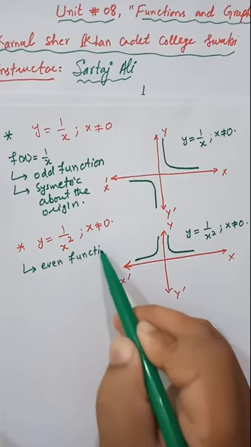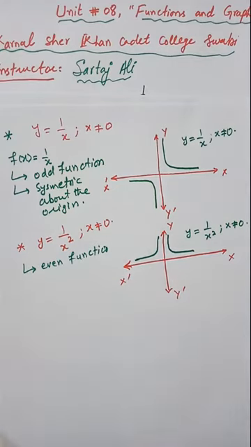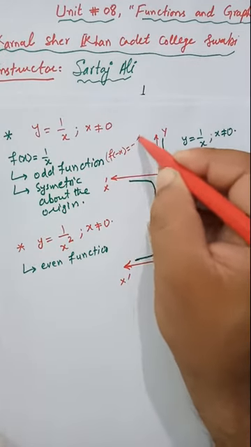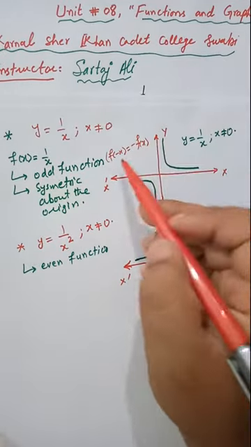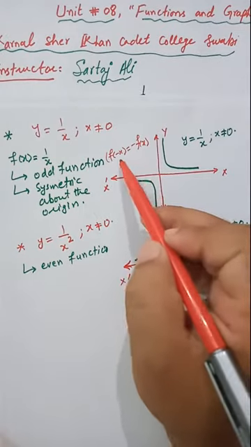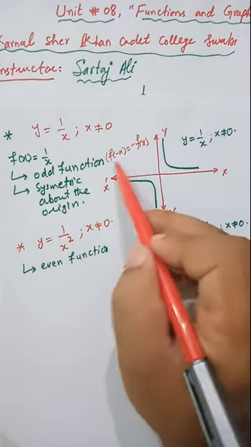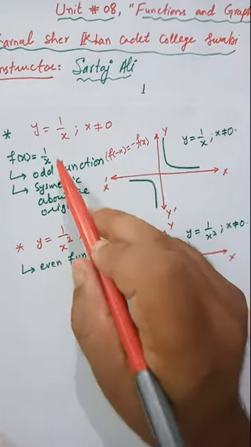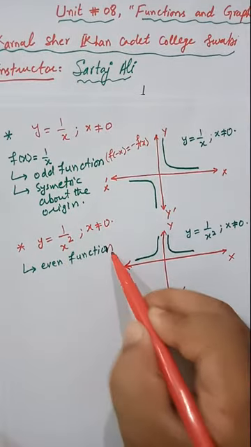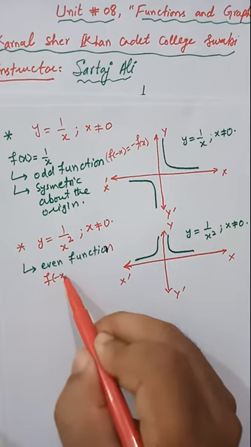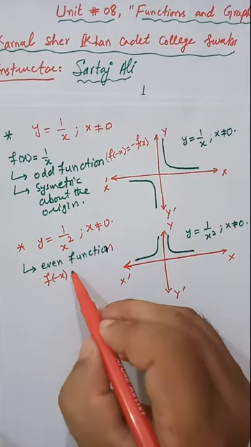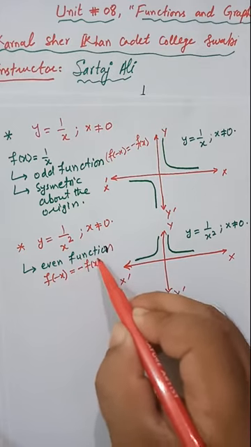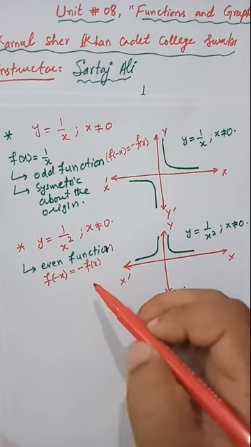Criteria to check whether the function is odd: if f of minus x is equal to minus times f of x, then that function is called an odd function. So if you check this function using this criteria, it is satisfied, so this is an odd function. And for an even function, the criteria is whenever you plug a negative argument in the function, that negative is plugged out from the argument, and that will be written as plus times that function.